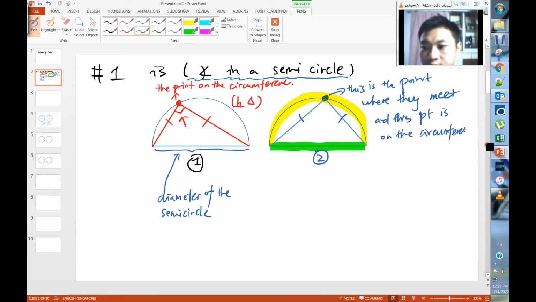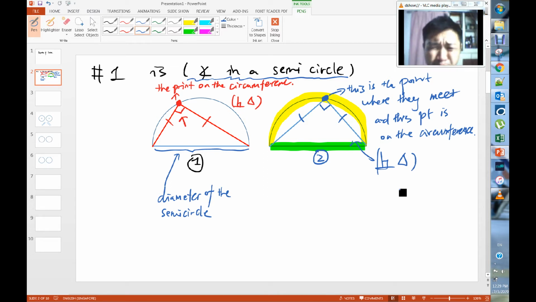Therefore you should form a right angle triangle. So that's how this rule can be used.